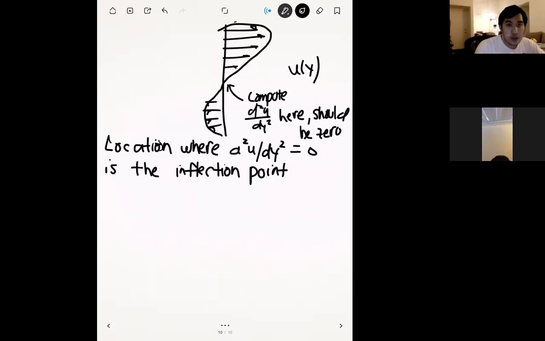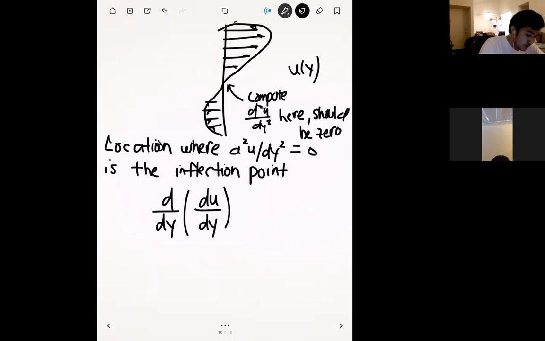And so conceptually, another way to express the second derivative is like this. It's the rate at which the rate of change of velocity is changing. Okay. So du dy, we know that's the rate of change of velocity as you move in the y direction. So once the rate of change of that is equal to 0, then that's an inflection point.